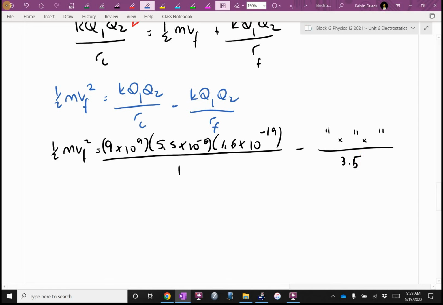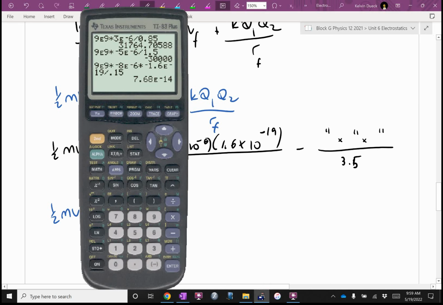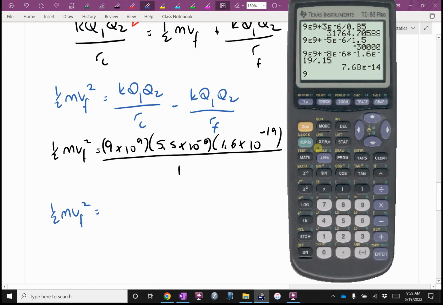So, I'm going to get a half little m v final squared equals 9 times 10 to the 9th times 5.5 times 10 to the negative 6 times 1.6 times 10 to the negative 19 divided by 1. I didn't need to type that technically, but I'm going to reuse this.